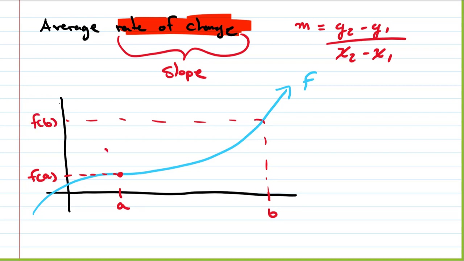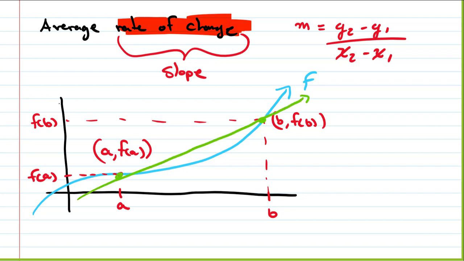Well, that would give me the ordered pairs (a, f of a) and (b, f of b). The idea of the average rate of change is if I connect these 2 points with a secant line, I know how to find the slope of this line.